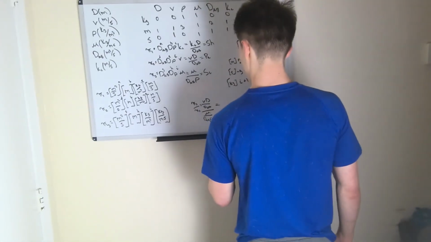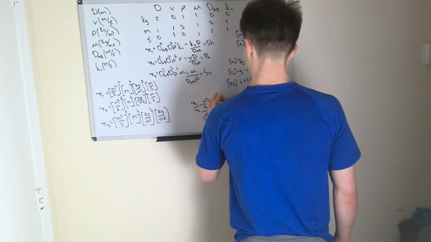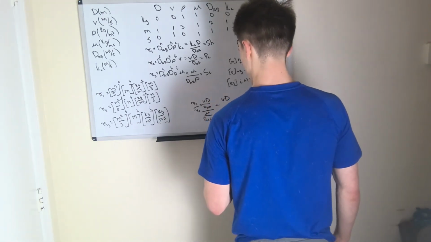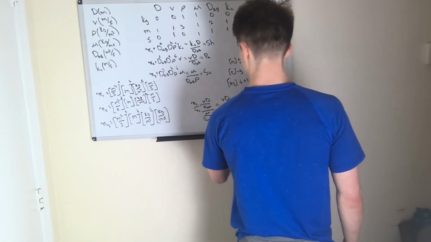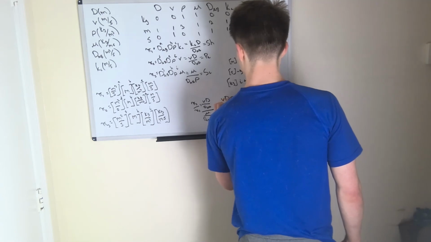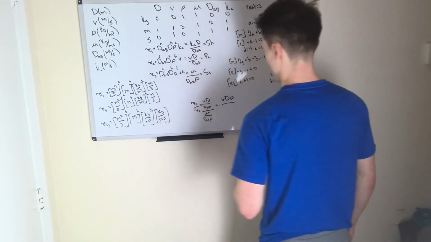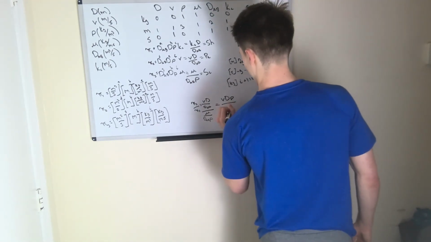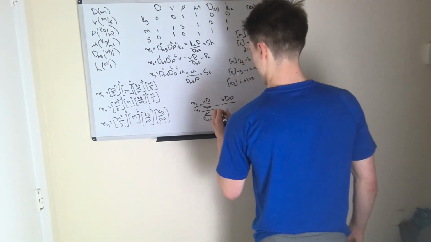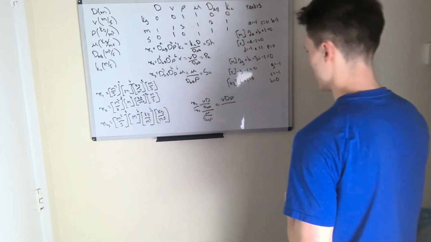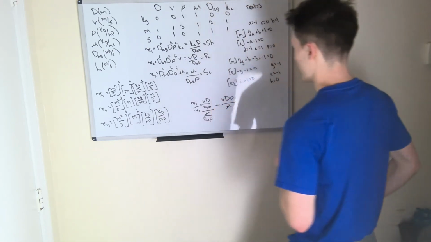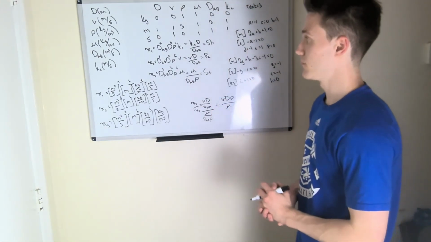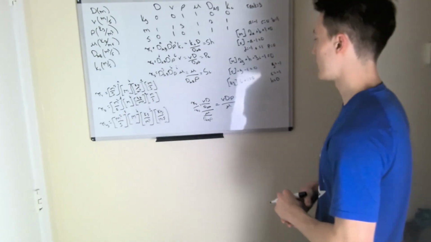That gets rid of the mass diffusivity, leaving velocity, diameter, and density over mu, which is the viscosity of the liquid.